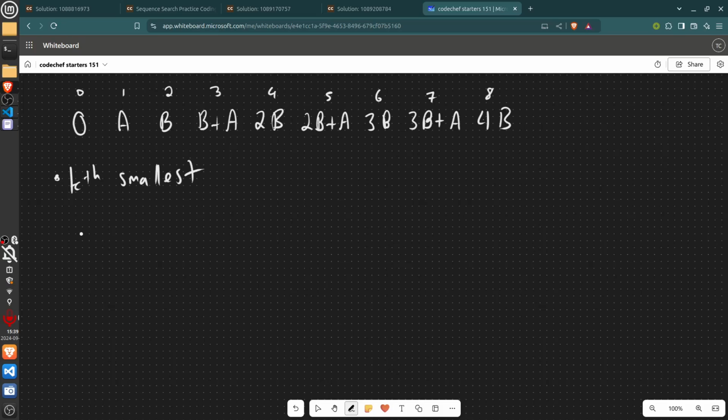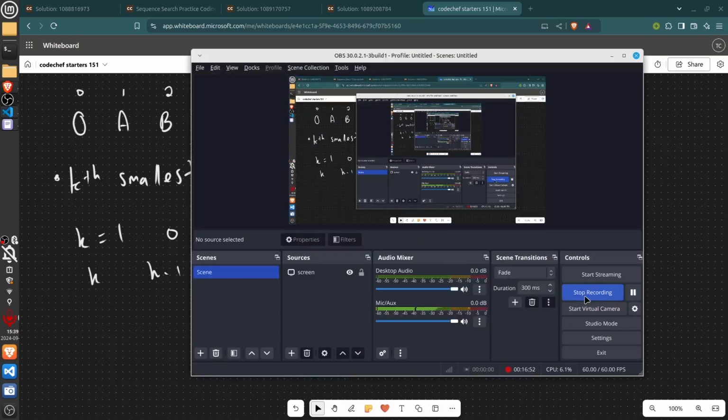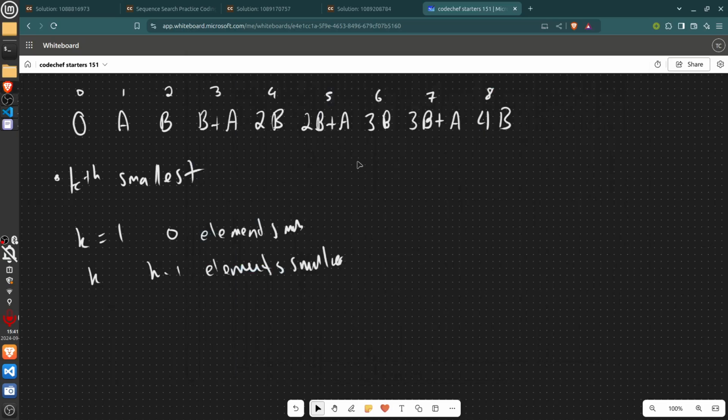So say k equals 1. k equals 1 would correspond to this, so that means there's 0 elements smaller. So it kind of leads to this idea that you just want to count the number of elements that are smaller. Alright, so how can you count the number of elements?